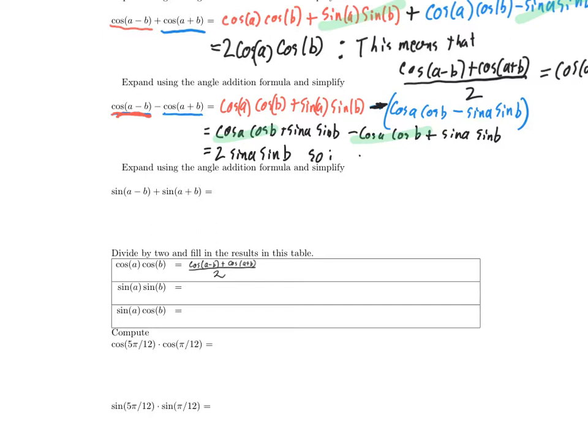So sine A sine B is equal to cosine of A minus B minus cosine of A plus B all over 2.